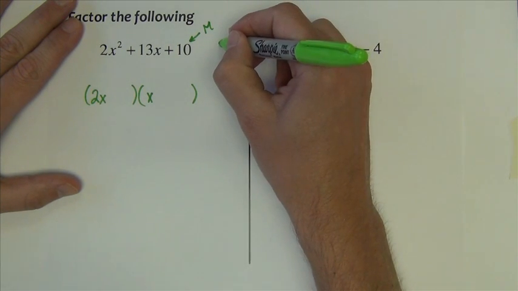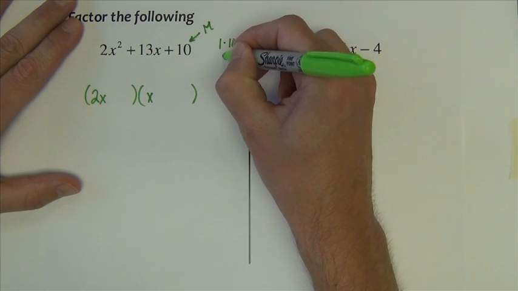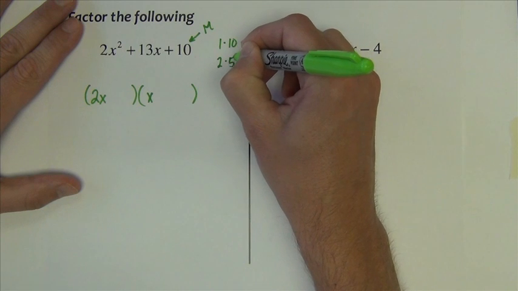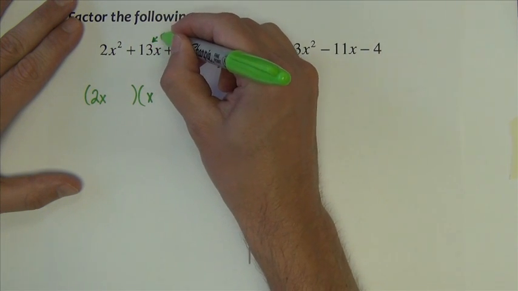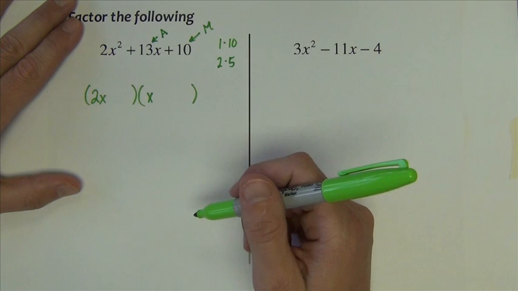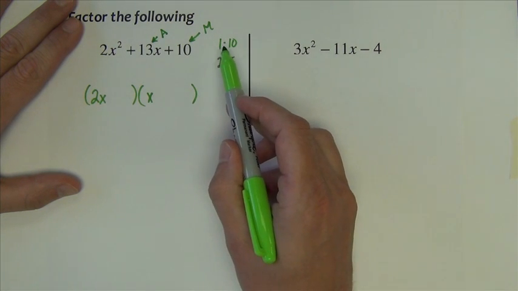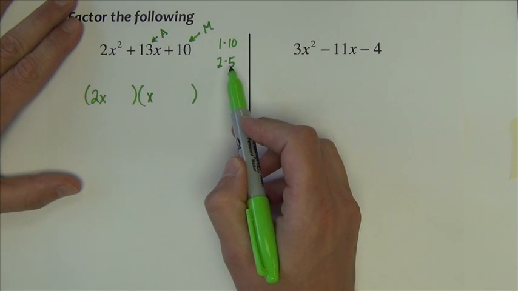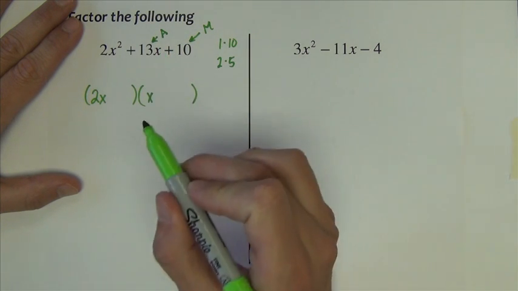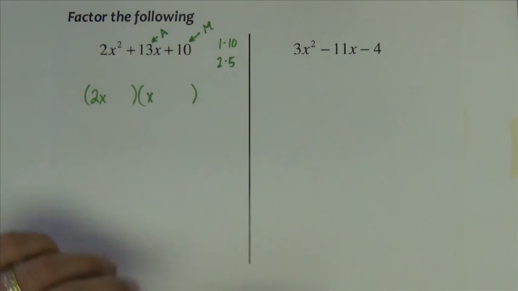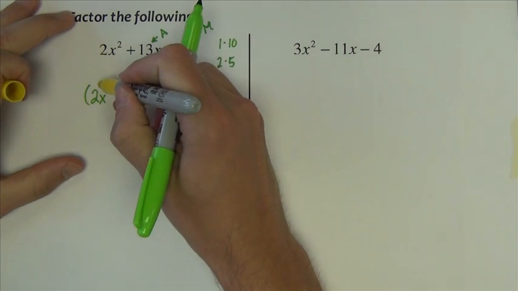Well, I have limited options there. It's 1 and 10, or it's 2 and 5. Now, I still need to add to 13. However, 1 plus 10 is 11 and 2 plus 5 is 7. Neither of those add to 13. But we have to consider the 2 that's sitting in front of the x right here.